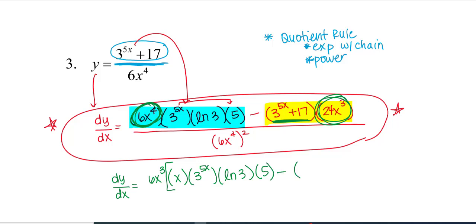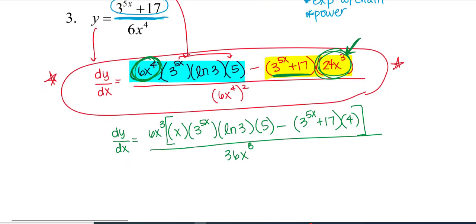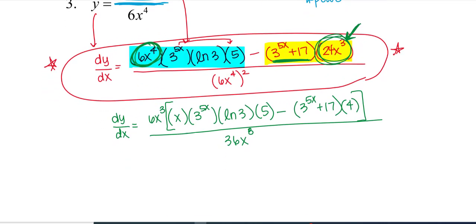And then in the next yellow term, I have that 3 to the 5x plus 17 as a factor. And if I take out 6x cubed from 24x cubed, I only get 4 as being left over. And then that's all over 36x. Now, x to the 4th quantity squared does make x to the 8th. Think about x to the 4th times x to the 4th.